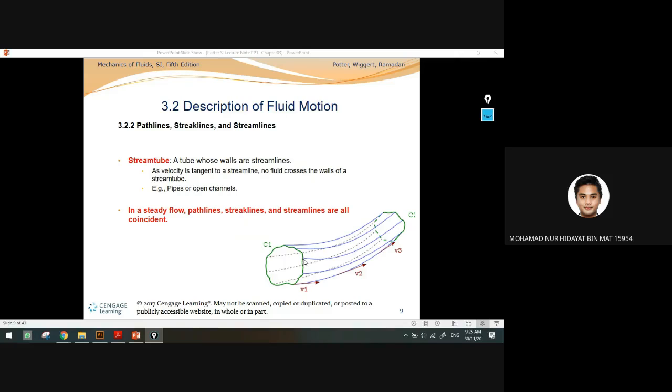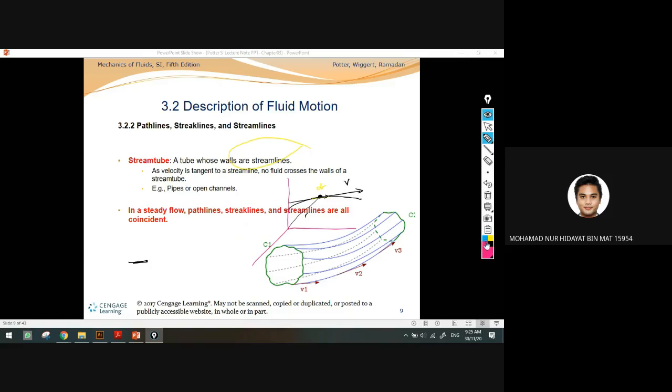Let me draw. The fluid motion from here, for example fluid 1, will traverse and go to here. This is its streamline. Fluid 2 will go to here. The connection between the earliest and the next point forms this tube, which we call the stream tube.